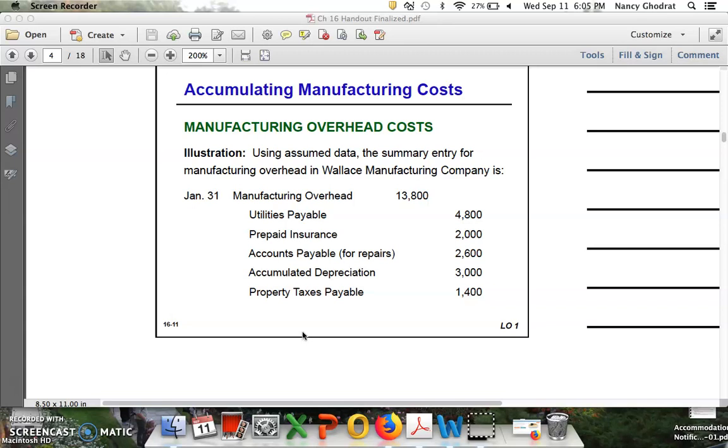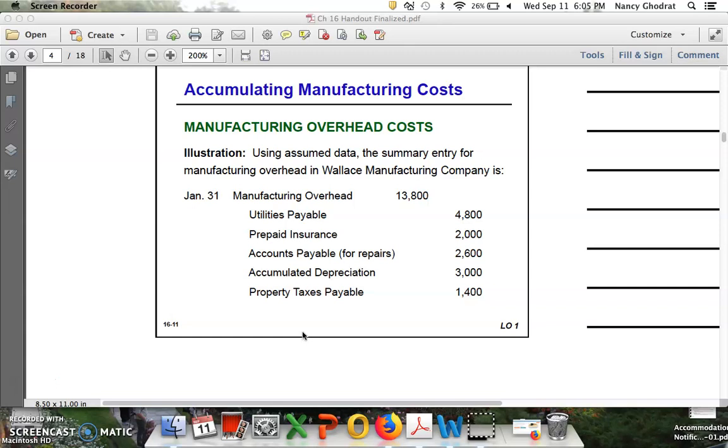So remember, depreciation is a process in which you are allocating the cost of property, plant, and equipment over its useful life. Therefore, in the past, in financial accounting, we debited depreciation expense and credited accumulated depreciation, this contra asset. Now, in manufacturing, taking care of the accounting for the manufacturing cost, instead of debiting depreciation expense, we're going to debit this new cost called manufacturing overhead.